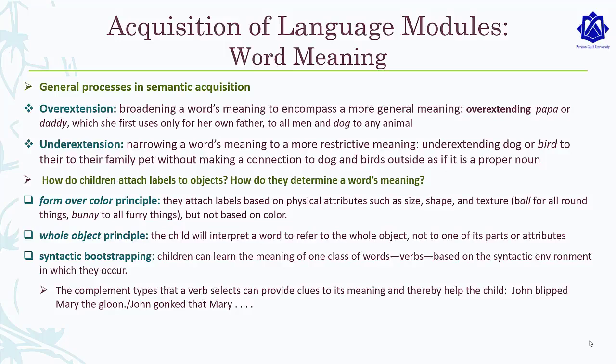They would treat it as if it is a proper noun. Or this GG might be used only for a pet family bird rather than referring to other birds, for example.